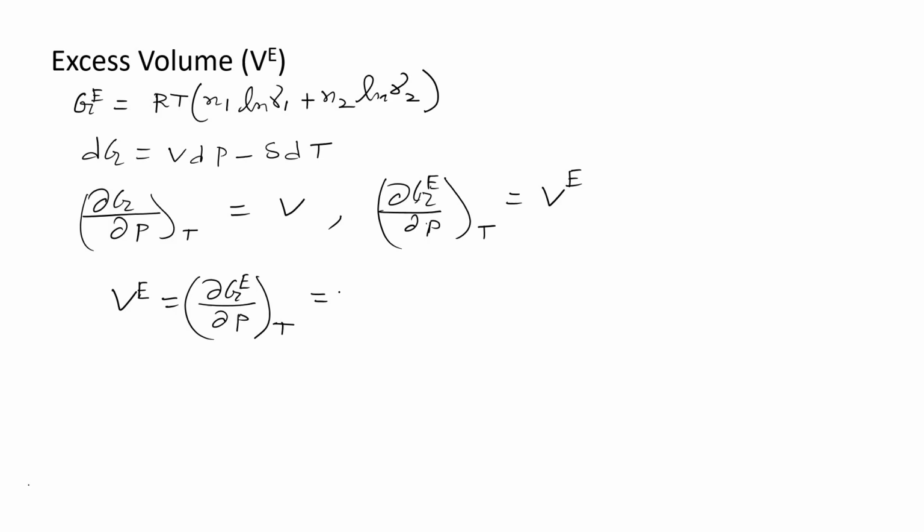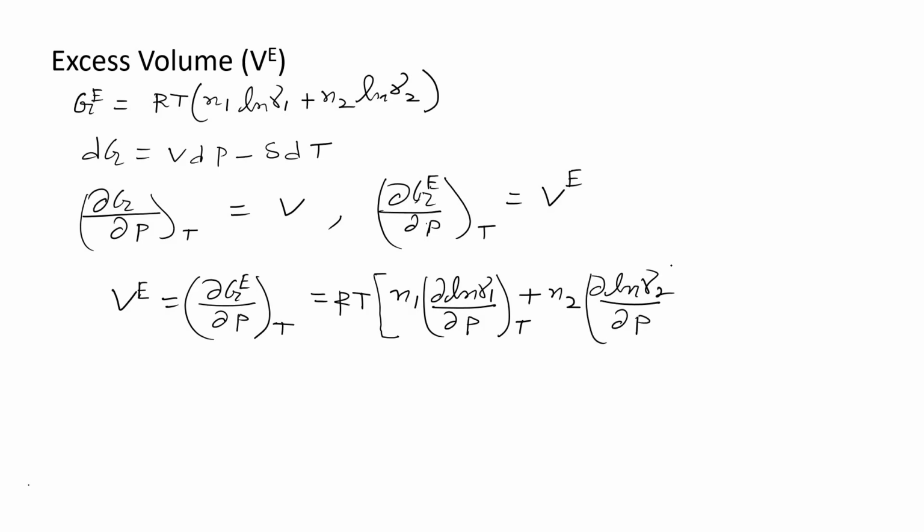So what will it be? It will be RT, then N1 ∂ln γ1/∂P at constant temperature plus N2 ∂ln γ2/∂P at constant temperature.